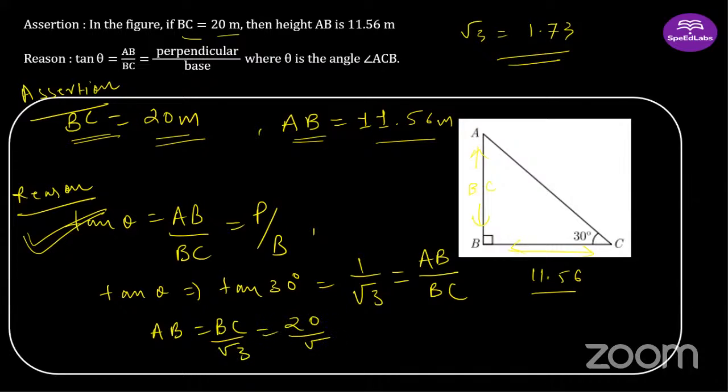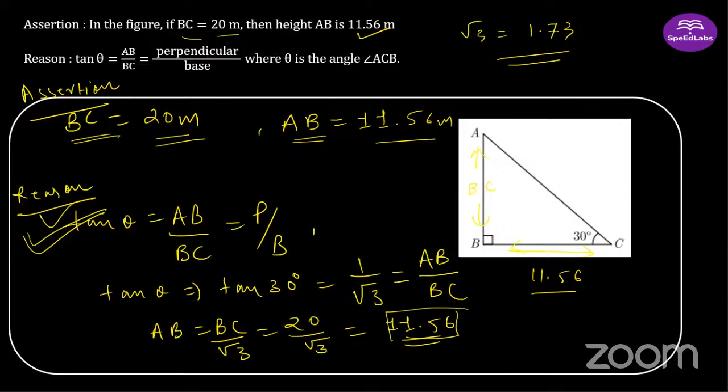Yes, but because we need to cross check, that is why we are finding. So on solving this, you will have a value that would be equal to 11.56. Because this is coming as 11.56, definitely this also is correct. And we got it using the formula of tan. That means the assertion also is true, reason also is true, and the reason correctly explains the assertion.